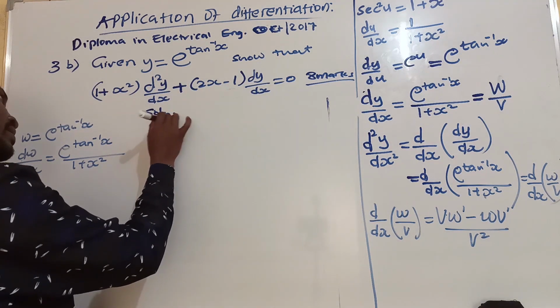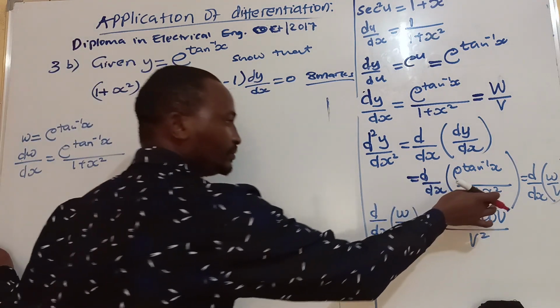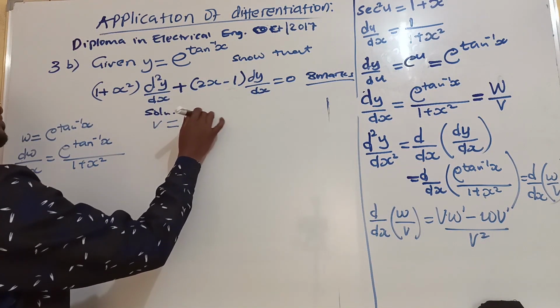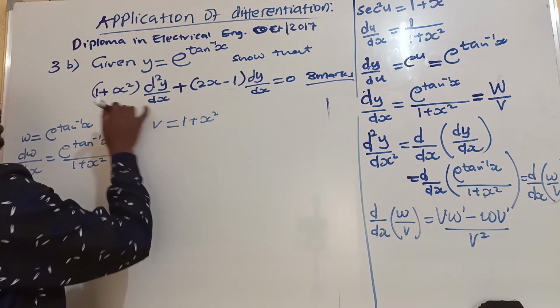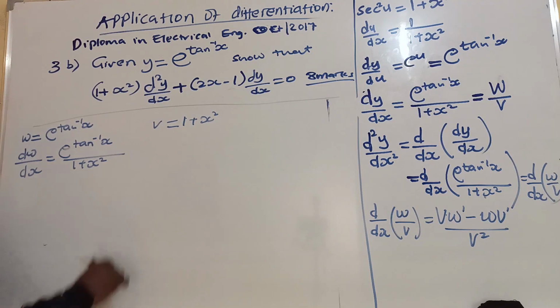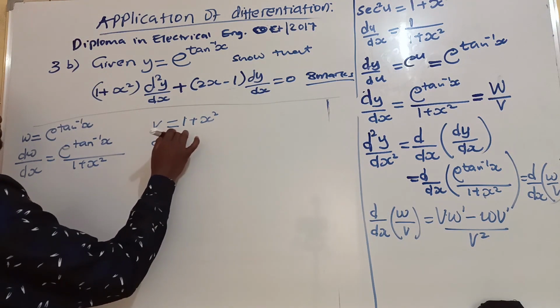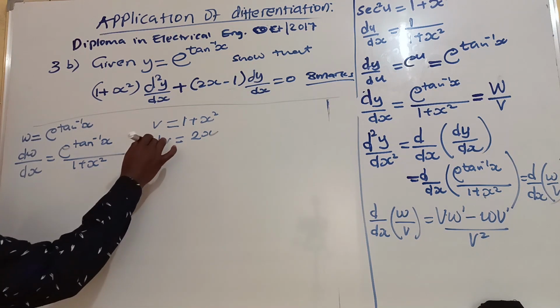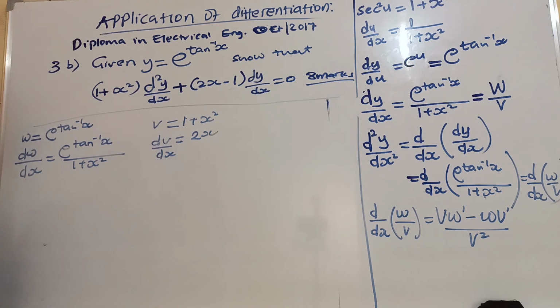V is equal to the denominator, 1 plus x squared. Let me remove this solution so that it doesn't look like we are starting to solve again. dv/dx is 2x. We are differentiating with respect to x here.